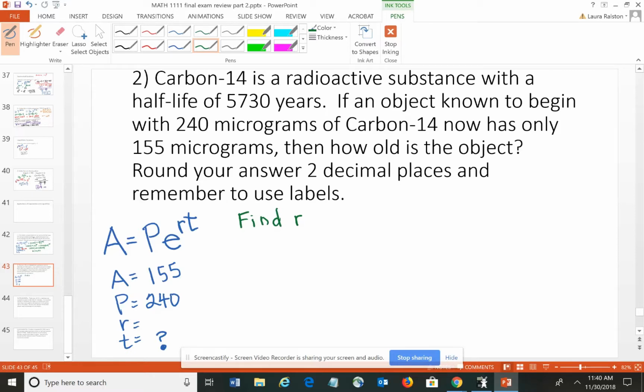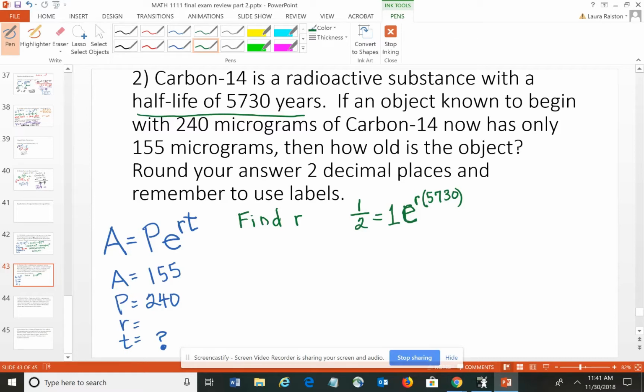Well, I know that the half-life is 5,730 years. So if I know I'm going to have half of the material left, and I started with, say, 1 or 100%, and I'm going to have half left, I have e to the r times 5,730 years is how long it's going to take me to have half left.